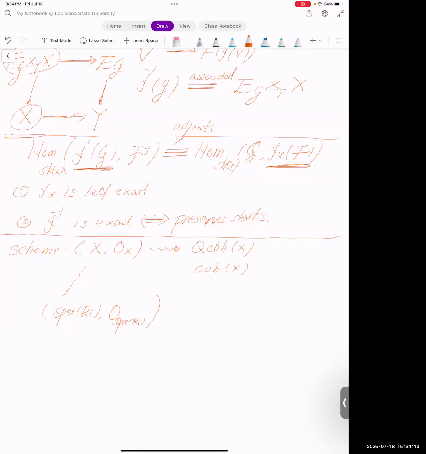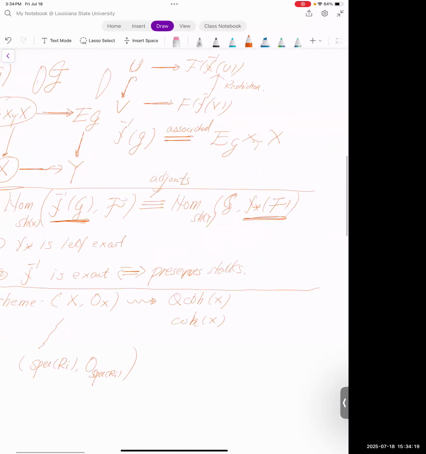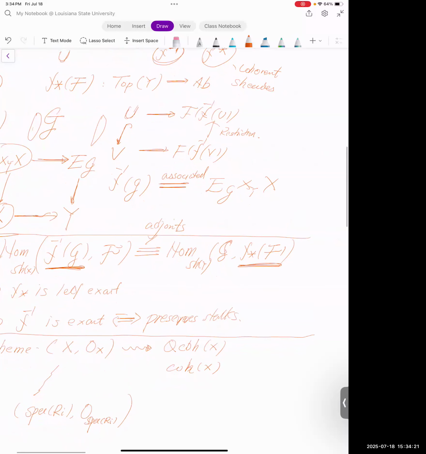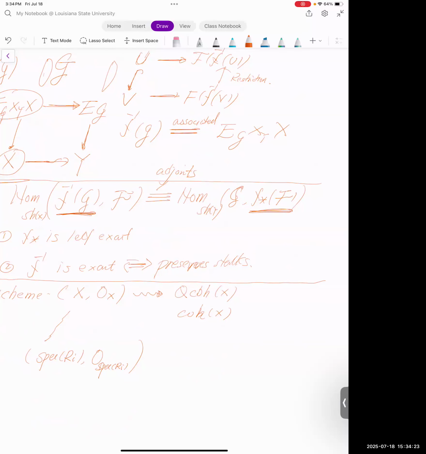The very nature of quasi-coherent sheaves or coherent sheaves is that they are sheaves. What the sheaf property means is that this information is completely stored in local data. If I can tell you all the information on the local data, the affine covers, and tell you the transition functions, you can completely recover the sheaf.